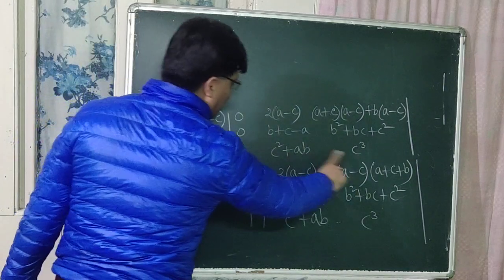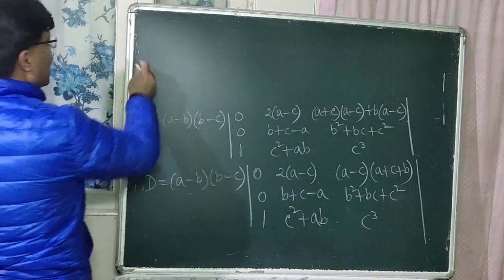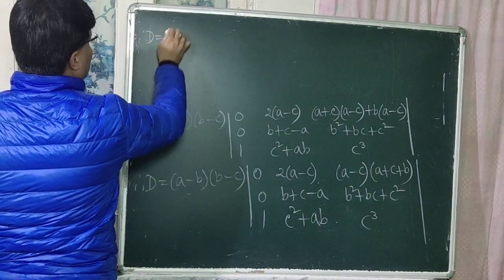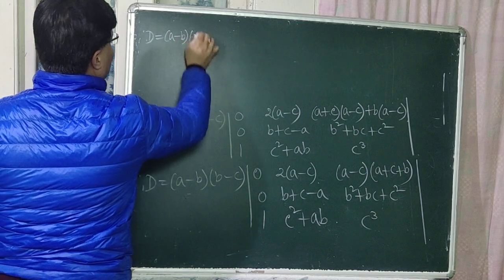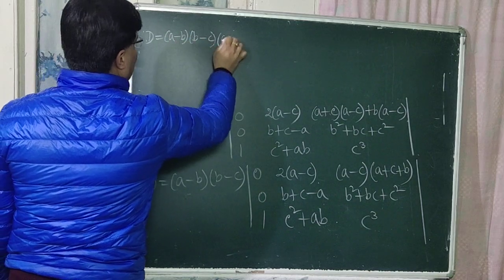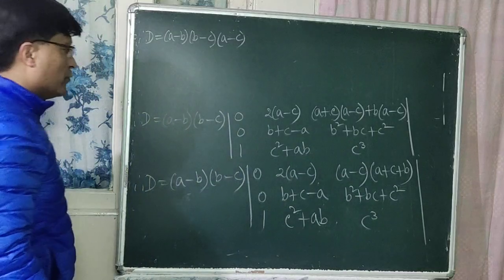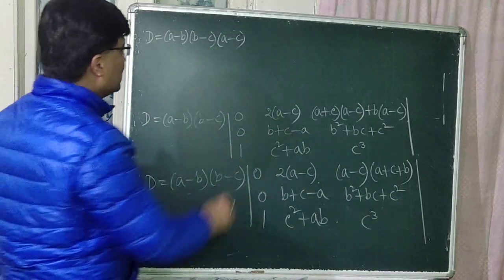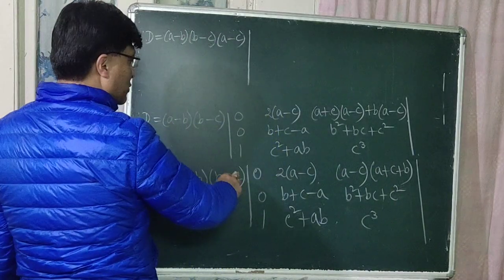So now what is common from the first row? A minus C. Take it outside. Therefore, D is equal to (A minus B)(B minus C)(A minus C). So from the first row, A minus C is taken common. So what is the new first row now?